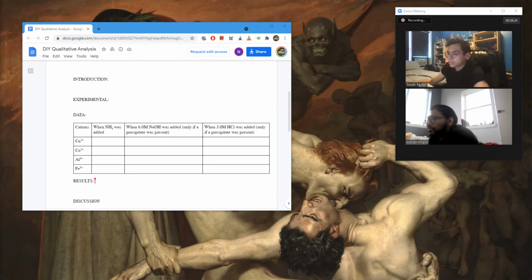State which unknown you analyzed, and then we can just put the results we obtain, how you use the results. So we just put whatever results we get over here, and then the rest of what it's asking at the bottom here is what goes in the discussion. Okay. Results of your analysis are just state which, okay.